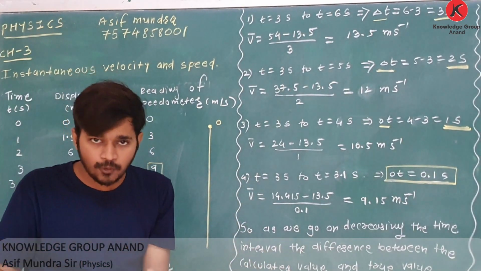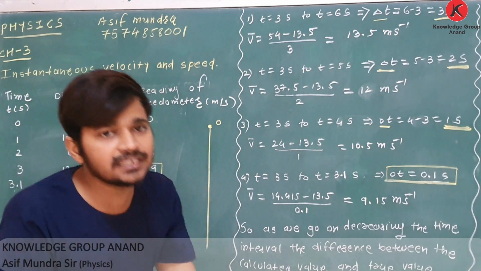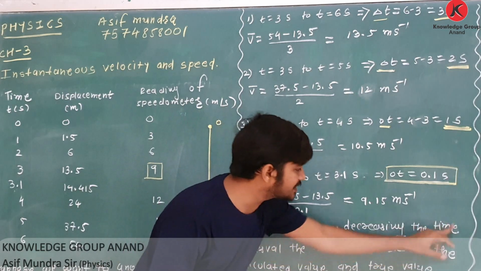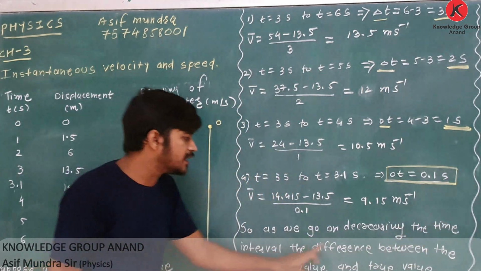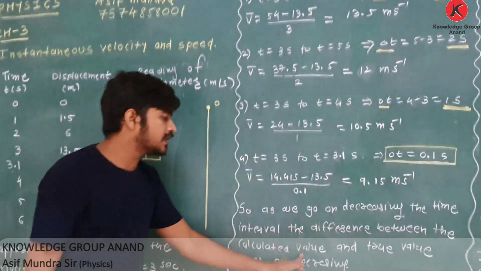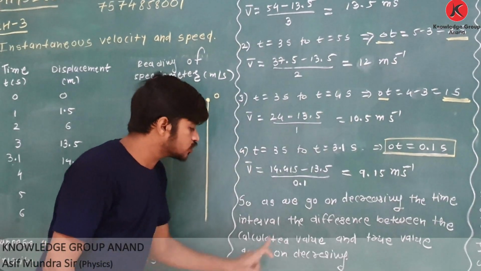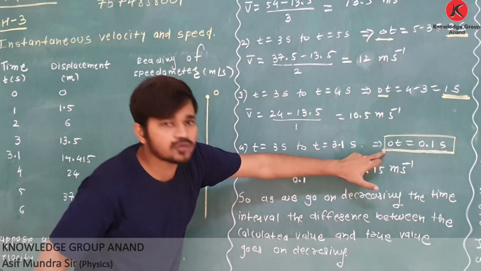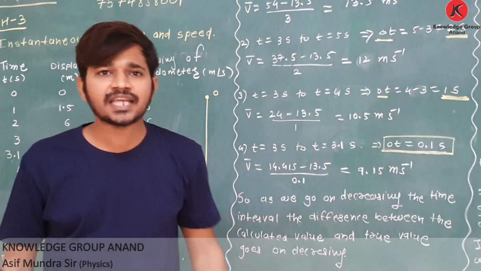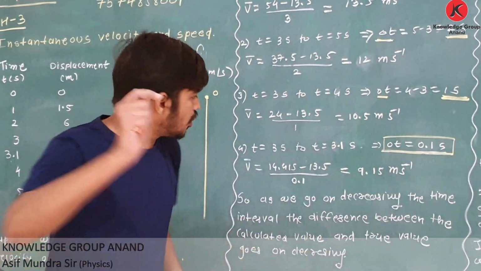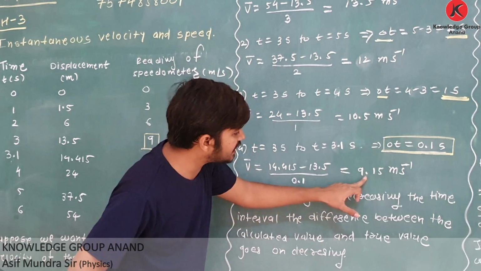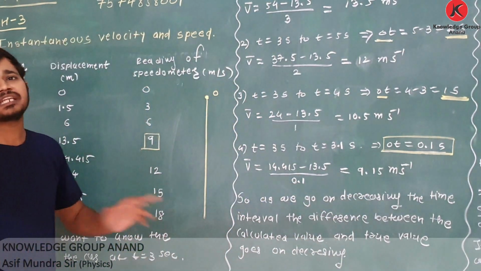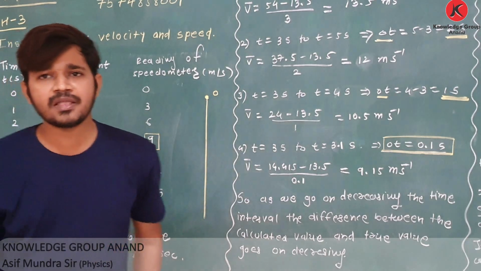As we go on decreasing the time interval, the difference between the calculated value and the true value goes on decreasing. Further, if you take a time interval very small, less than 0.1 second, your answer will be less than 9.15 and very, very close to 9.